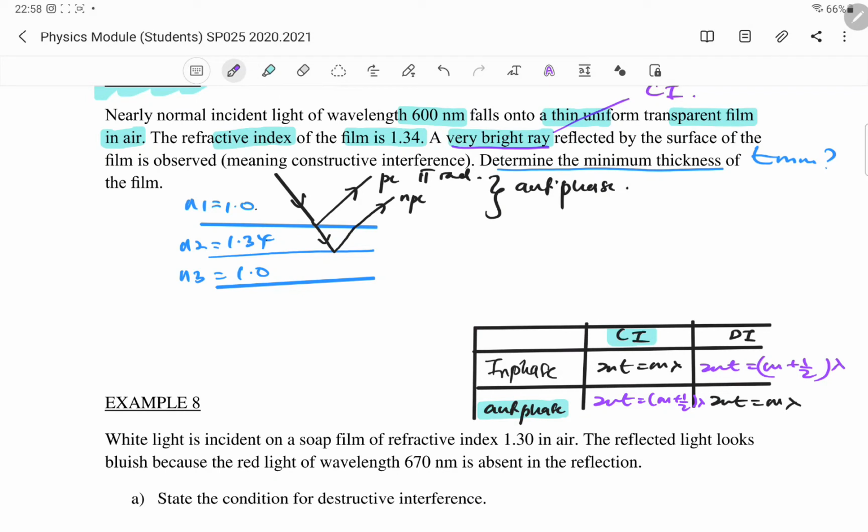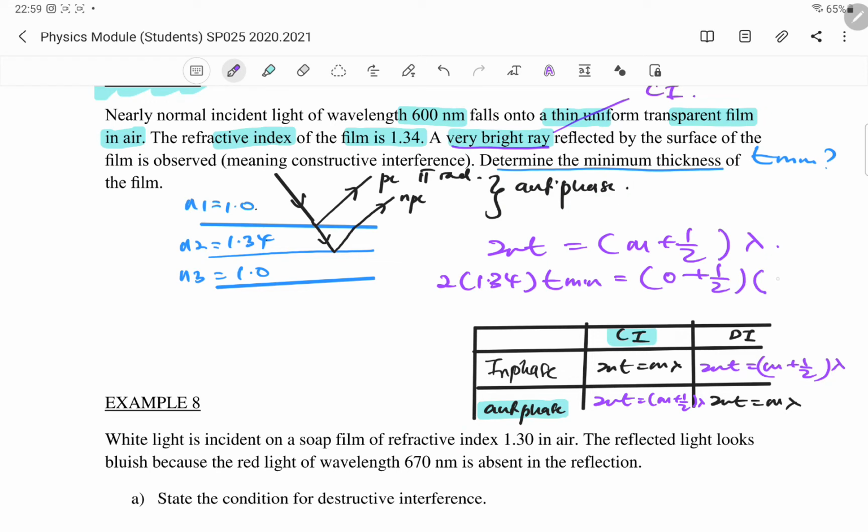So you have to use 2nt equal to m plus half lambda. So you have to find the t minimum. 2n is 1.34, m is 0, lambda is 600. So you can find the t minimum.